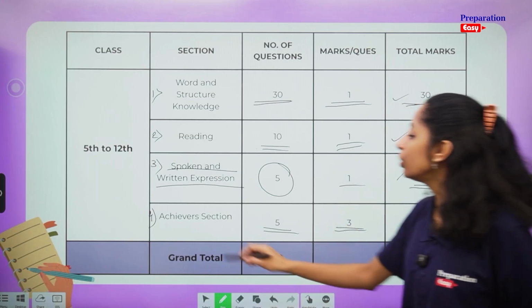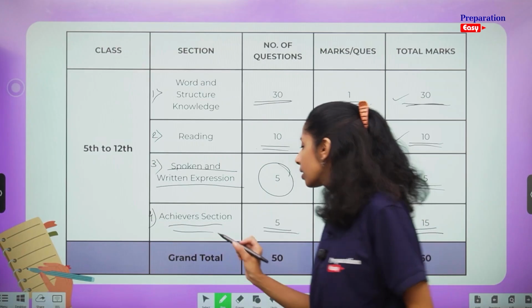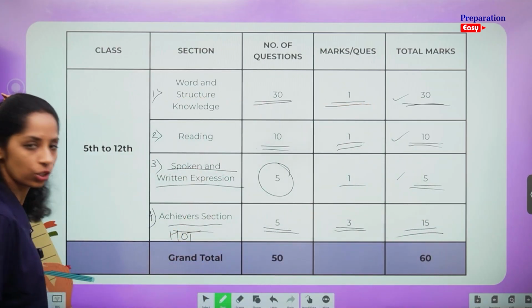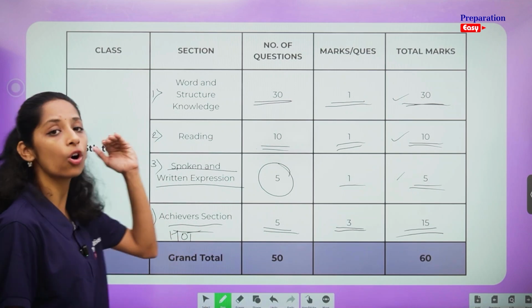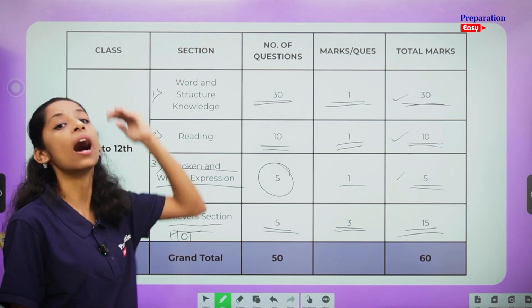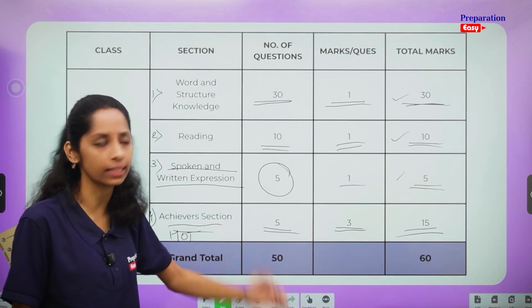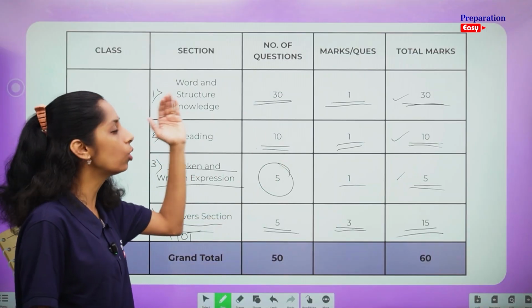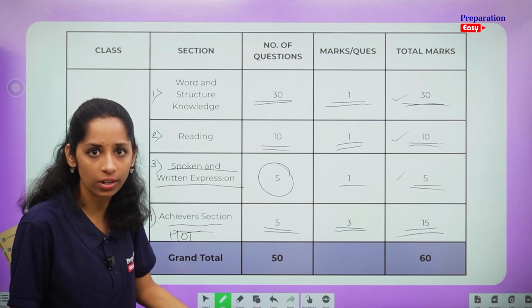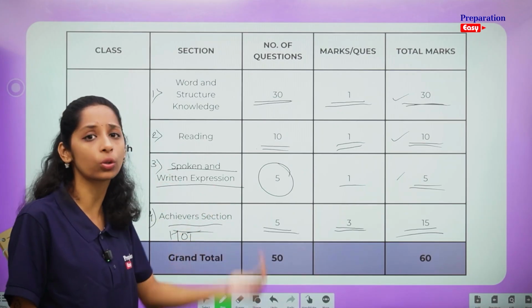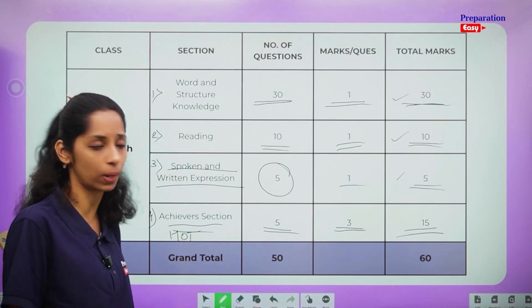Okay, but the achiever section is a HOTS section, a higher order thinking section, right? The questions will be for those students who think in higher order, not just solving the problems. They have critical thinking, they have good imaginations, right? They have imaginations, they have critical thinking, the understanding of the question, they understand the demand of the question.